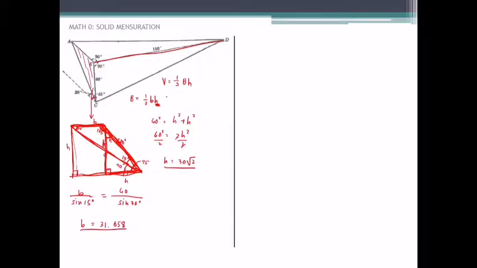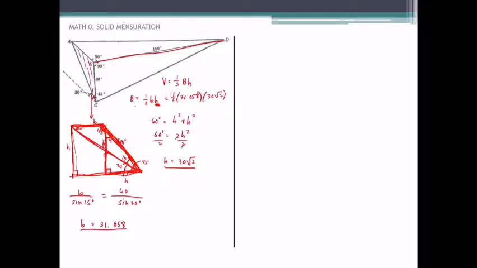So, we can substitute now. This is now 1/2. Our base is 31.058 times our height, which is 30 square root of 2.